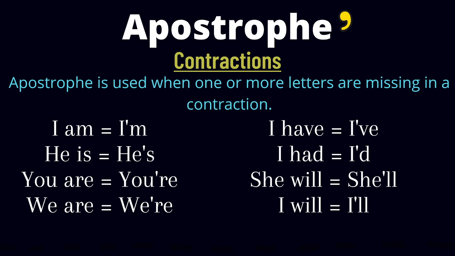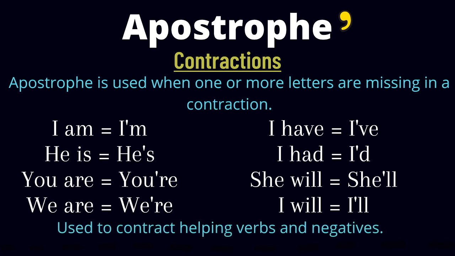I had, I'd. She will, she'll. I will, I'll. These are the words where an apostrophe is used when one or more letters are missing.